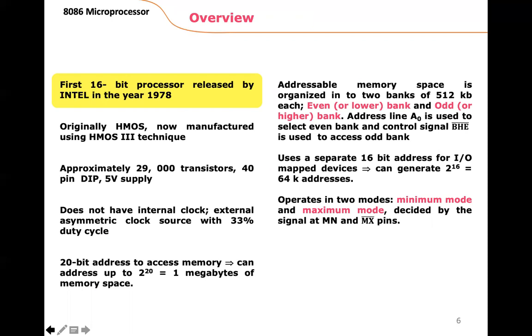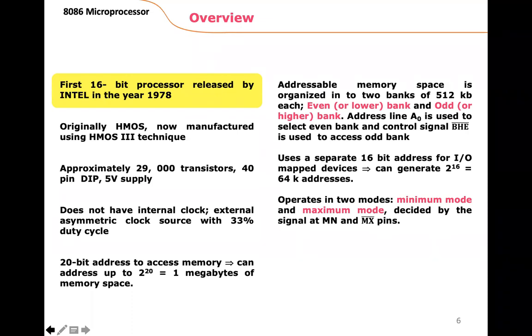I will describe it. It is our third generation microprocessor, born in 1978. It is a 16-bit microprocessor developed by Intel Corporation.